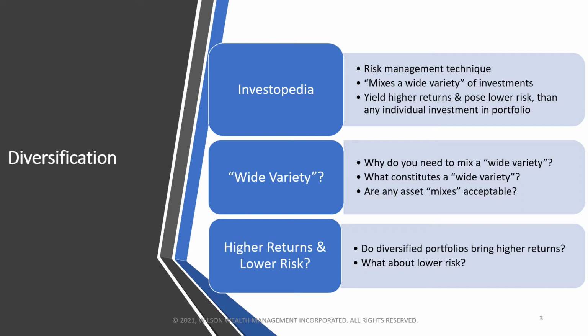A diversified portfolio contains a mix of distinct asset types and investment vehicles in an attempt at limiting exposure to any single asset or risk. The rationale behind this technique is that a portfolio constructed of different kinds of assets will, on average, yield higher long-term returns and lower the risk of any individual holding or security. So that's a quote from Investopedia.